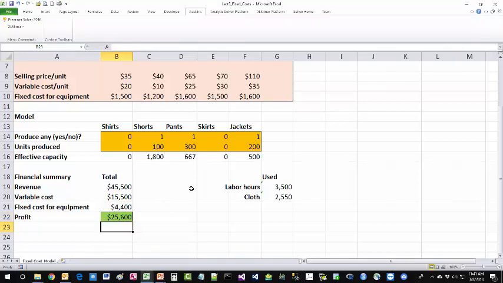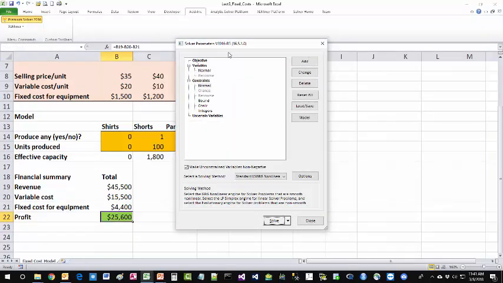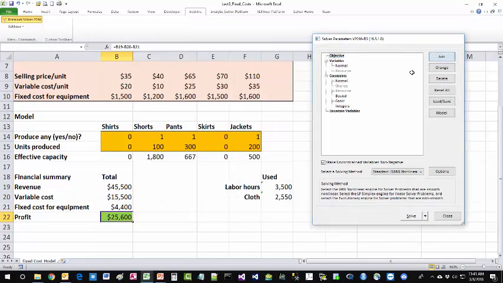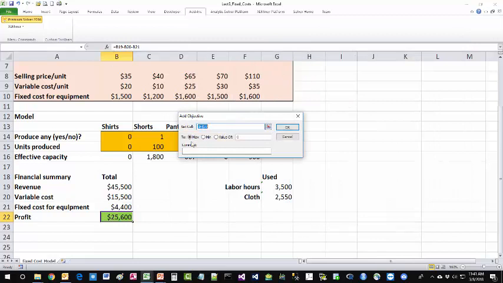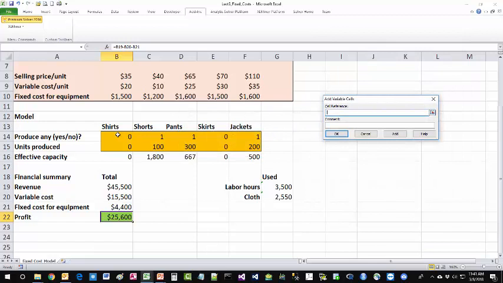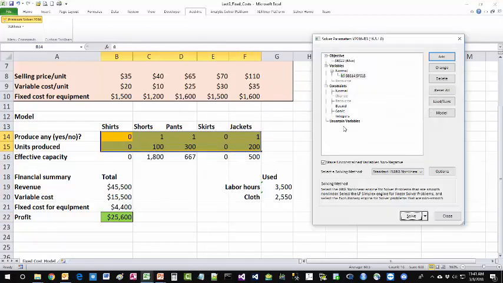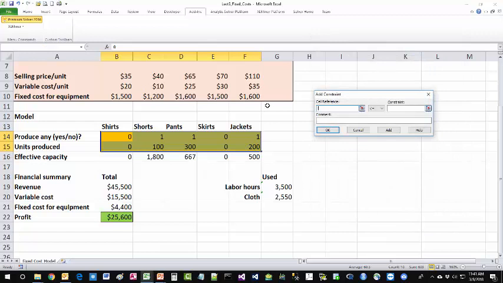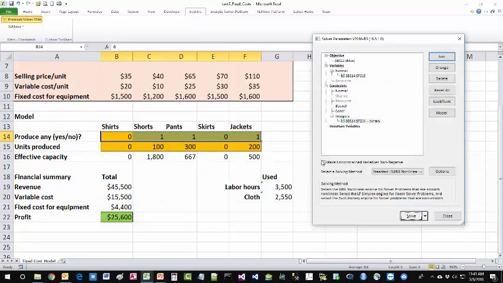For this made up plan, it would be about $25,000. Now, the cell to maximize is B23, by changing all these variables here, in addition to the fact that the production decisions are binaries, and the units produced have to be non-negative.